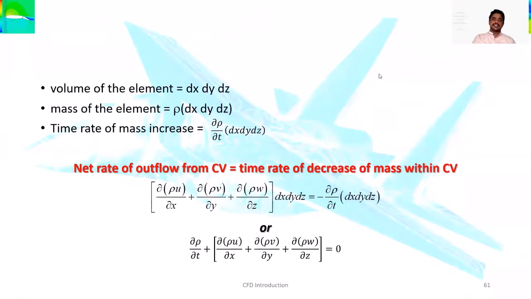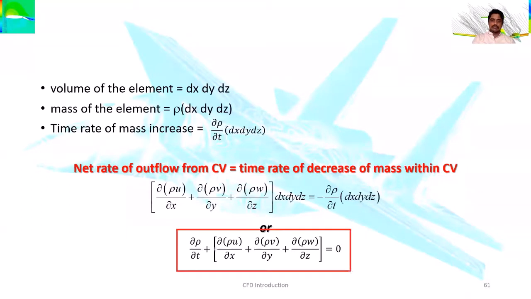So finally our continuity equation is obtained as ∂ρ/∂t plus ∂(ρu)/∂x plus ∂(ρv)/∂y plus ∂(ρw)/∂z, where the density accounts for the time variation, and the density varies along each direction of the fluid flow, through the partial derivatives along all the directions.